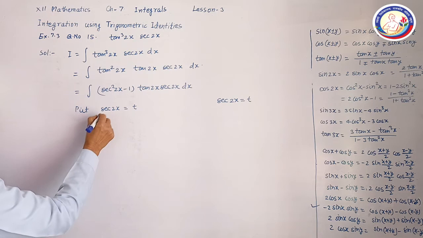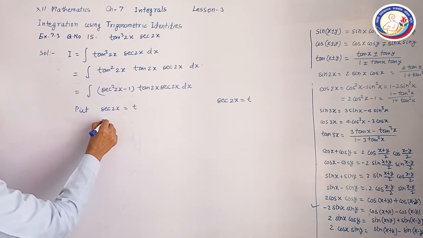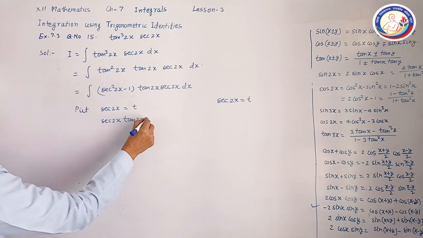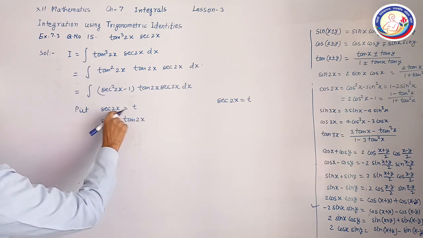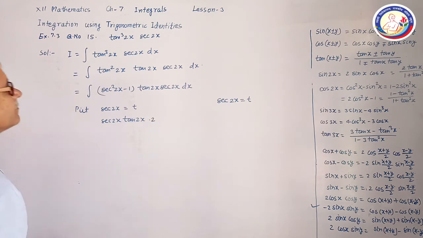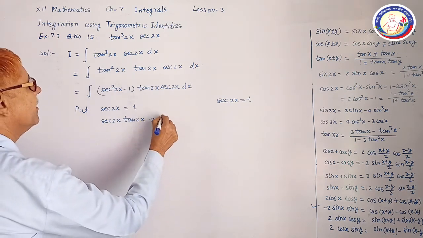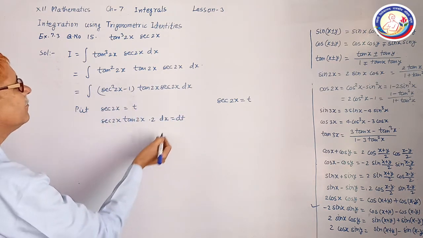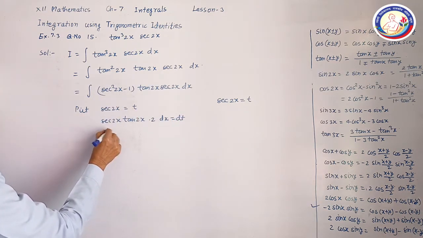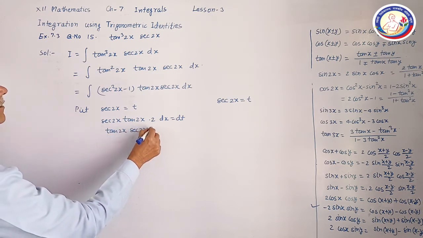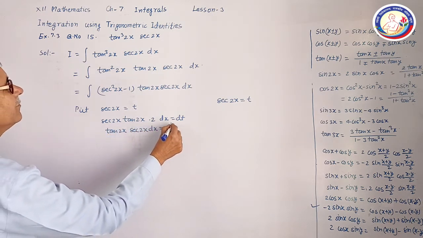We will get tan 2x sec 2x, and then differentiation of 2x, that is 2. And dx equal to dt. I am writing directly it. So what will be tangent 2x into sec 2x dx? It will be dt by 2.